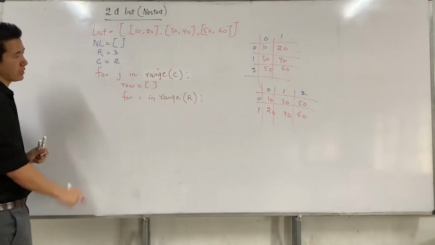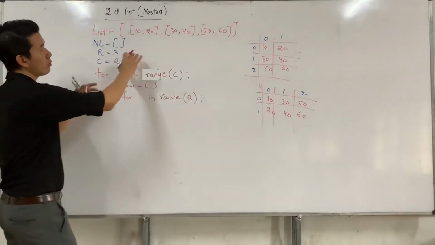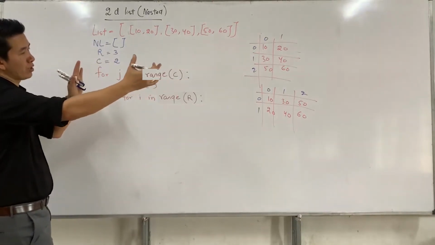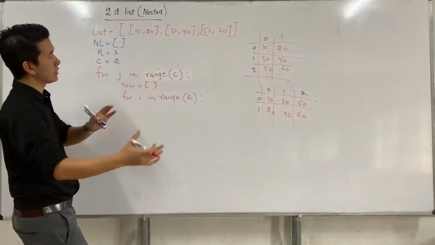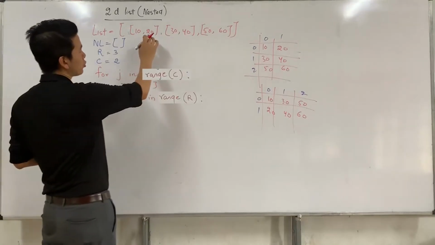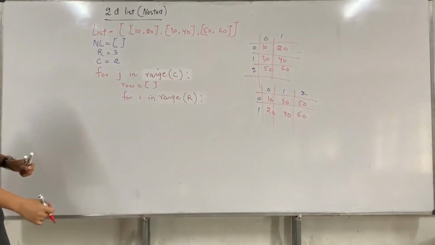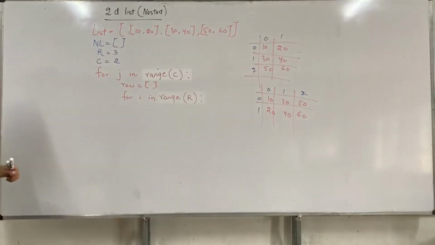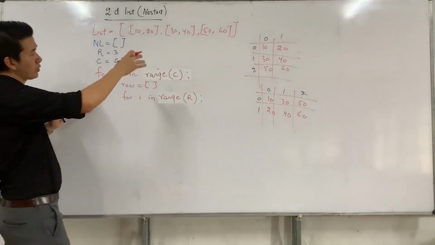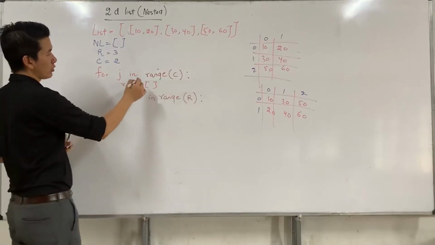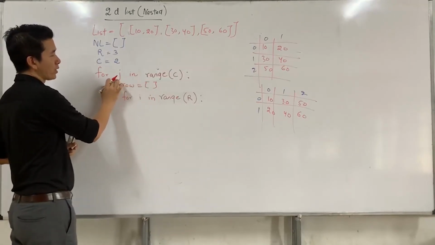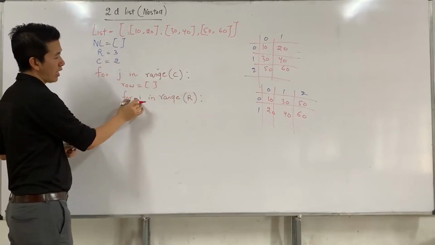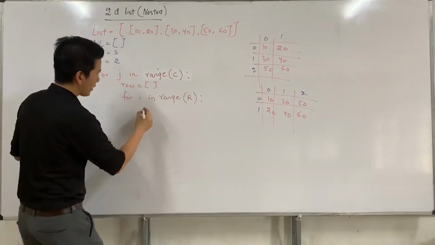So you have 3 cycles. The whole process picks up 10, 30, 50 as the first, and then the second outer loop will pick up 20, 40 and 60. So 2 outer loops, but 3 inner loops, right? That's the reason why J will start with 0 and finish at 1. I will start with 0.